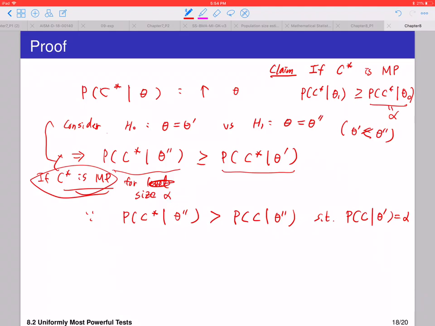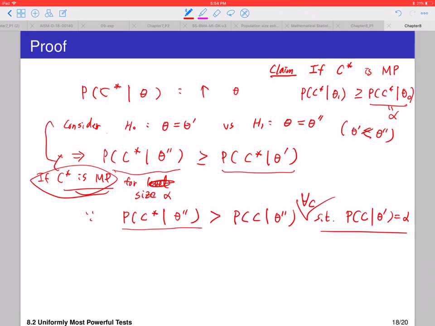For any level alpha test, C star has the maximum power, because zeta prime is the alternative hypothesis.